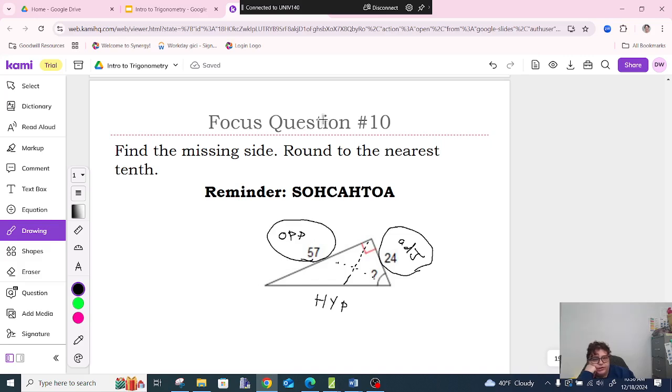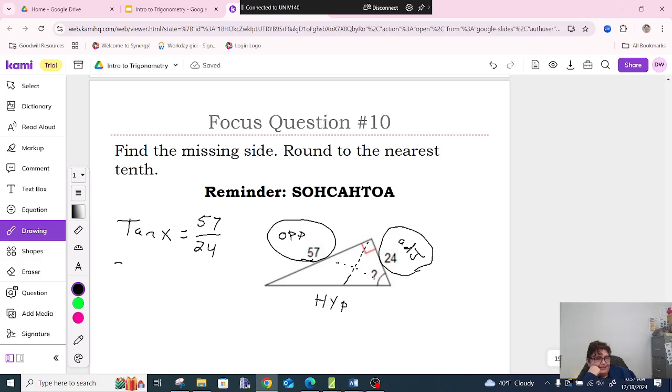Which trig function uses those two? Tangent. So tan x, because I'm looking for the degree, is equal to 57 over 24.